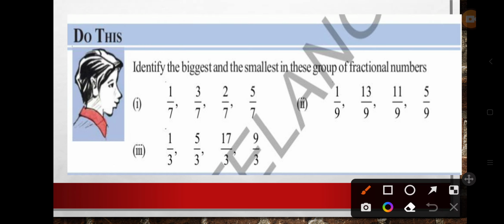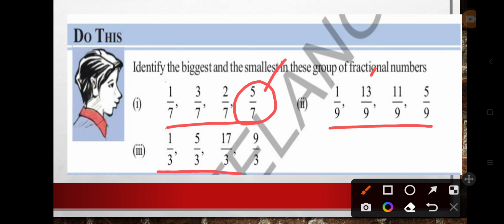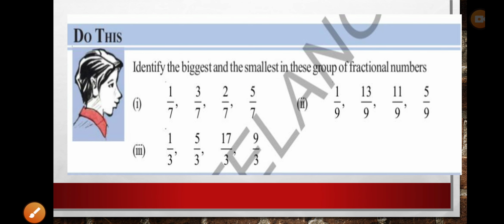If the denominators are equal, whichever numerator is bigger, that is the bigger fraction. So 5/7 is big. Suppose the denominators are also equal, then 13 is big. So 13/9 is the big one. In this the denominators are the same, 17 is the big one. So like that we can write.